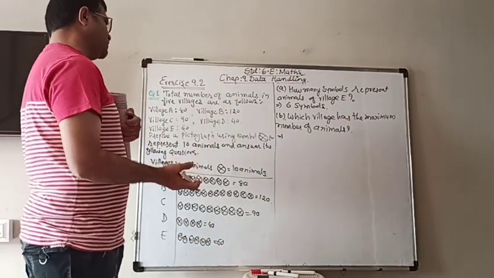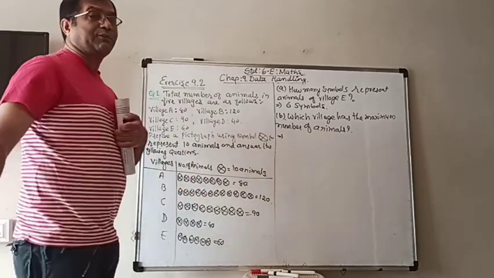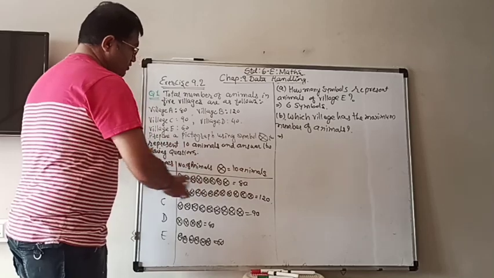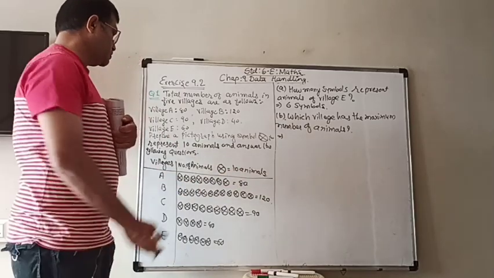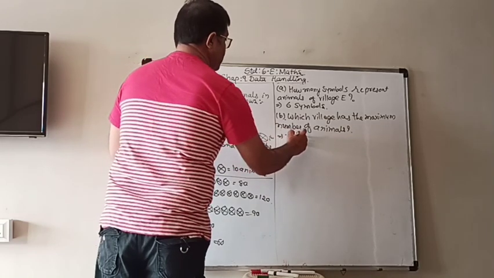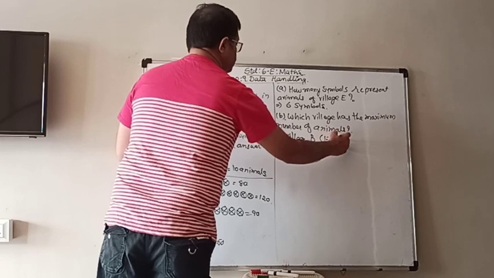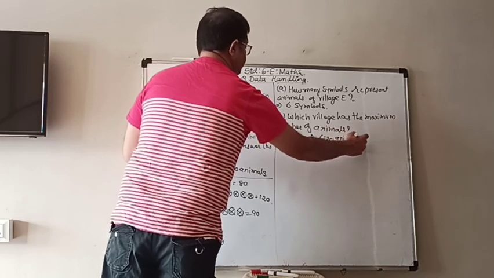It is obvious directly from the information also and from the pictograph also that the longest pictograph is for village B, that is 120. So that is village B, 120 animals.